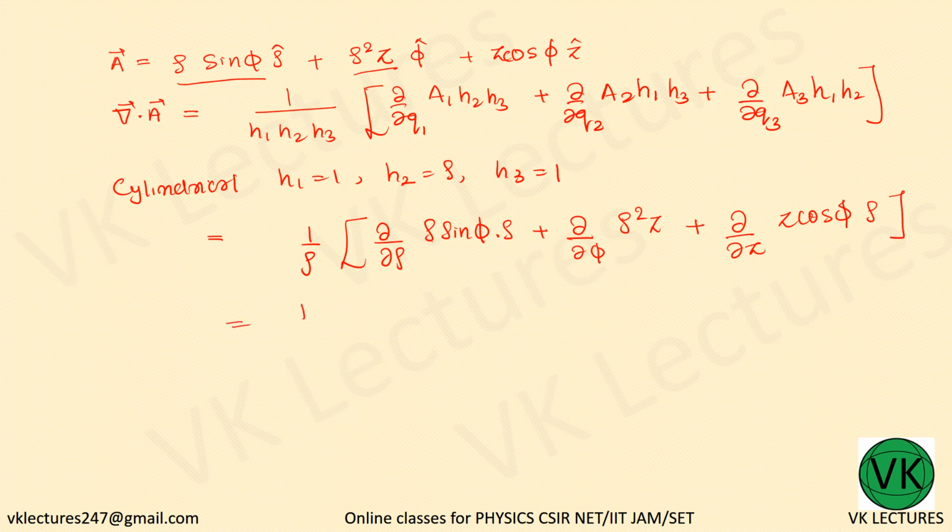So that's equal to 1 by rho. This is rho square, so 2 rho sine phi, plus this term will go, plus dou by dou z, so rho cos phi.